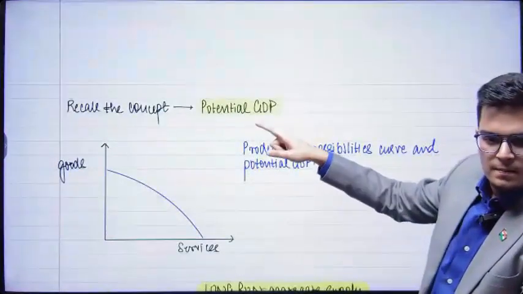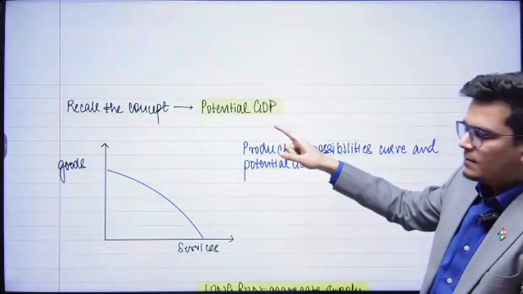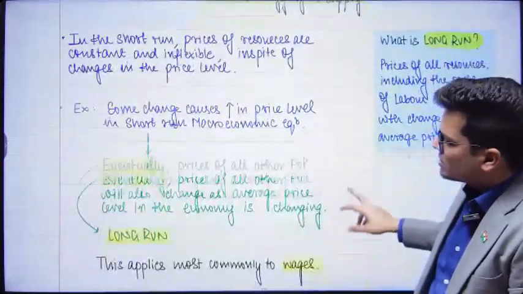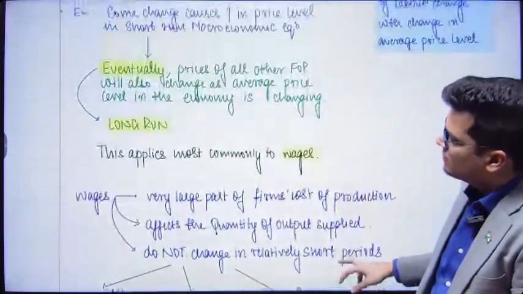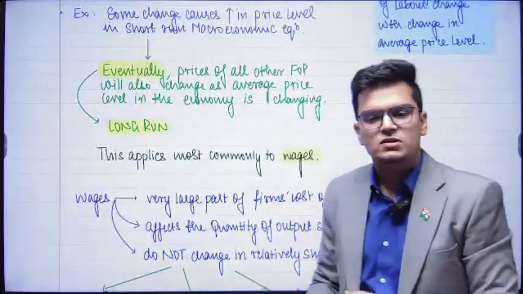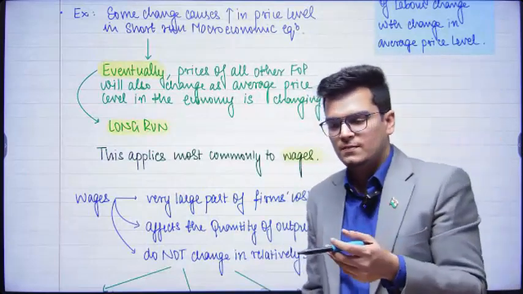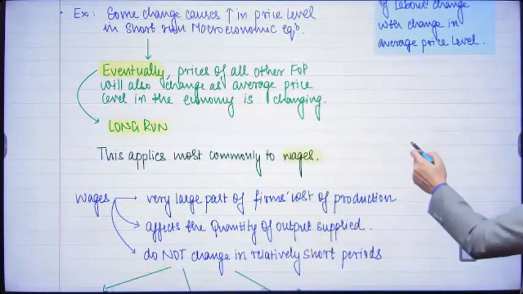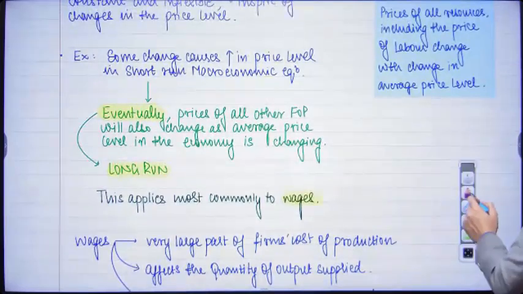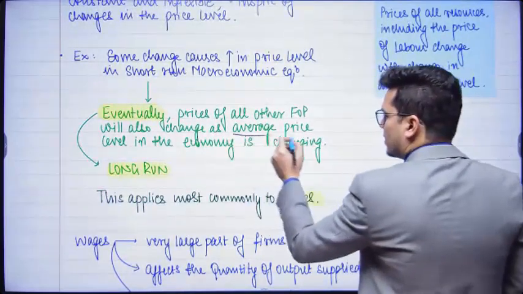We read potential GDP. Then in potential GDP we understood what is the long run. What was the definition of long run? ये भी पुराने नोट्स हैं, कुछ नए नोट्स नहीं है ये. Long run was कि increase in prices also affects जो average price level में change है.